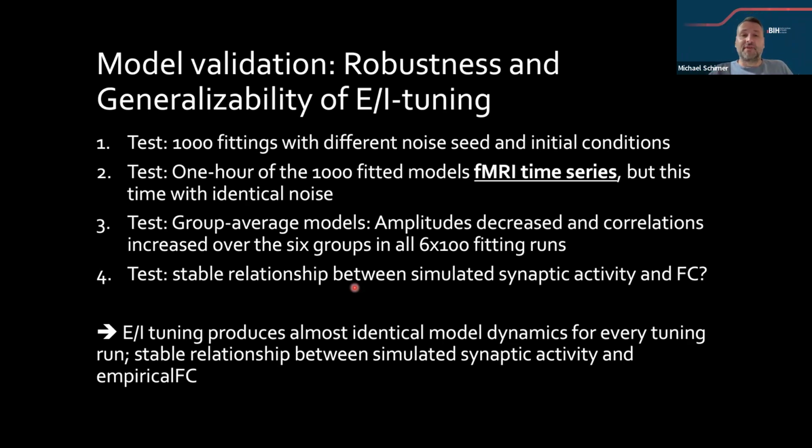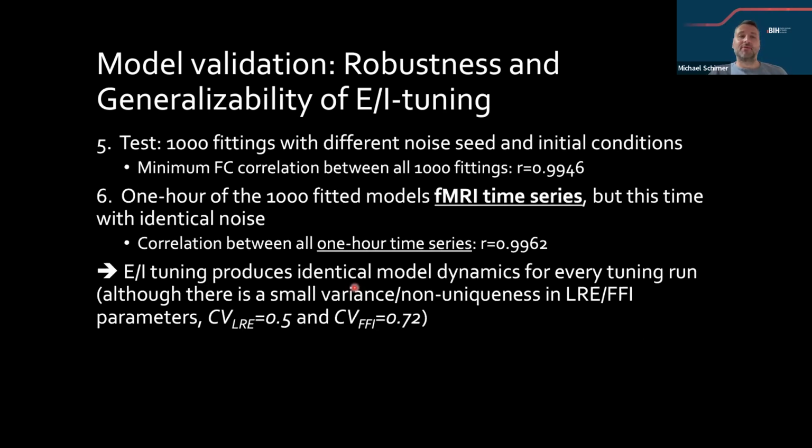So the algorithm always pulls the brain into this comparable mode which allows us to make this analysis. And also, all these mechanisms that I have shown are stable over resimulations when we vary the noise seed and the initial conditions and everything that can be varied. And basically, we get coherent results out of this.